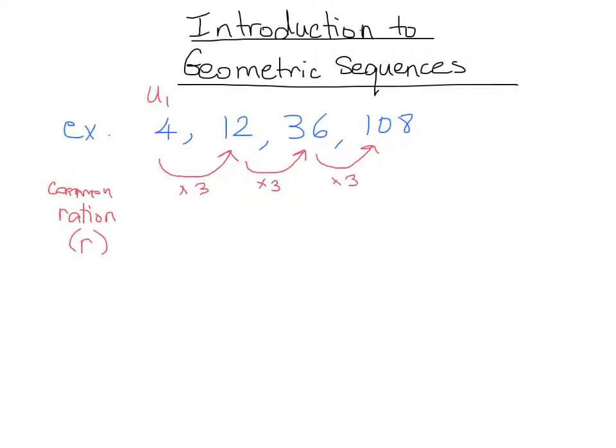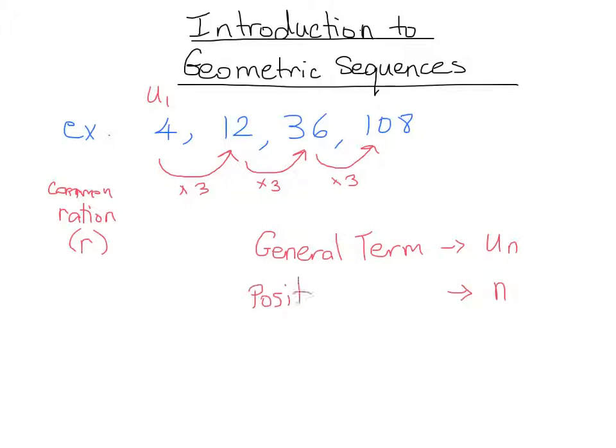Alright, so the term is U, and the first term is U sub 1. And any term, the general term, any term at all, is called U sub n. So that n represents any term. Speaking of the n, it tells us the position of the term.